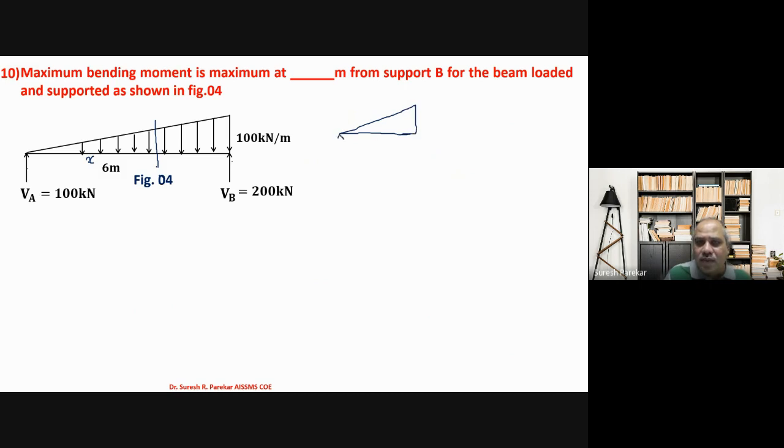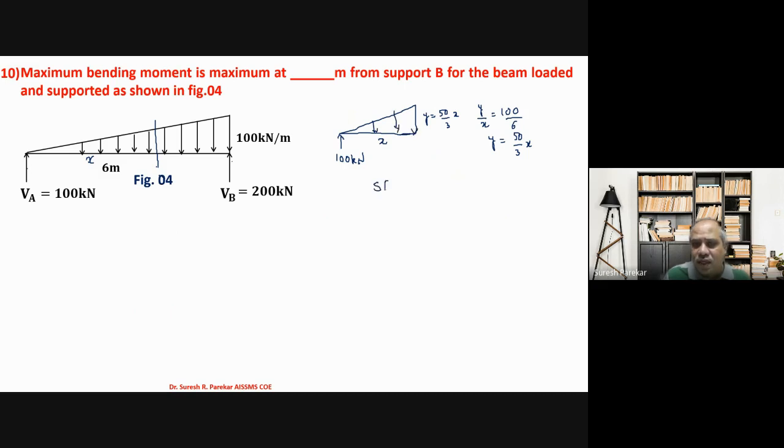So this will be 100 kilonewton. This we have x, and this we have y. Now we know y by x equal to 100 by 6. And from this we will get y equal to 50 by 3 into x. And then we have to find shear force 0.